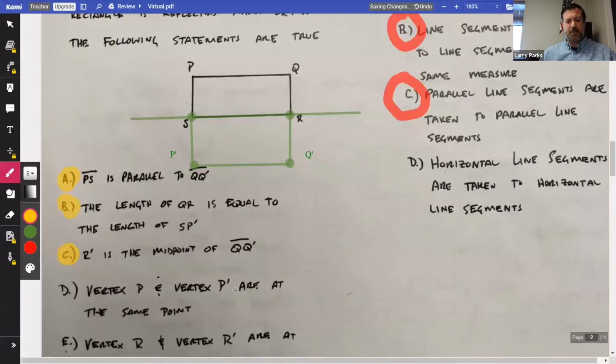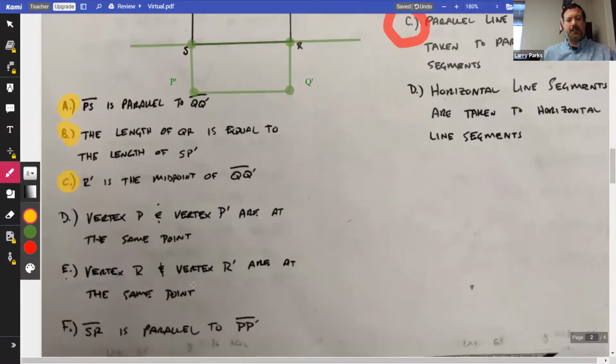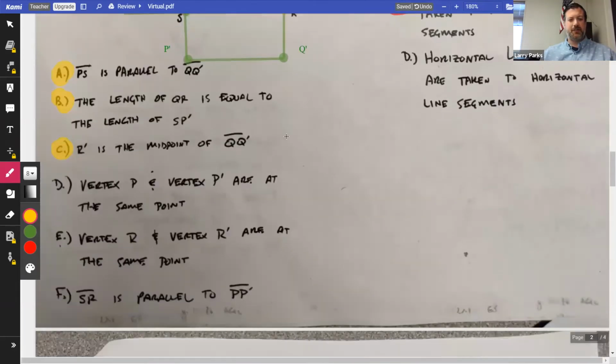Vertex P and vertex P prime are at the same point. Is this and this at the same point? No, that is false. Vertex R and R prime at the same point. Remember, they stayed in the same place because it was on the line of reflection, so that's true.